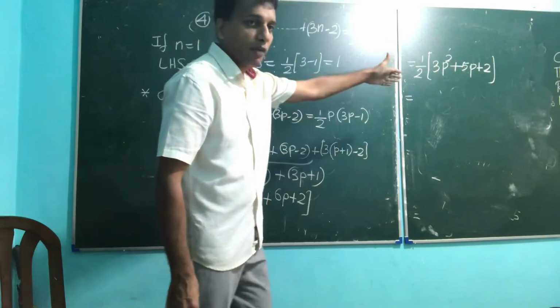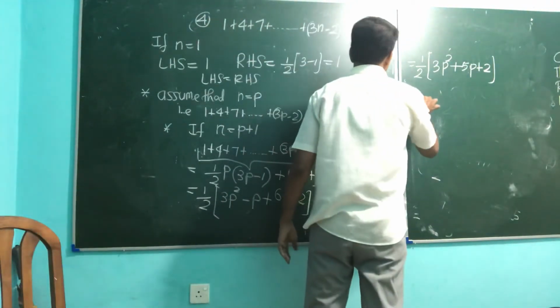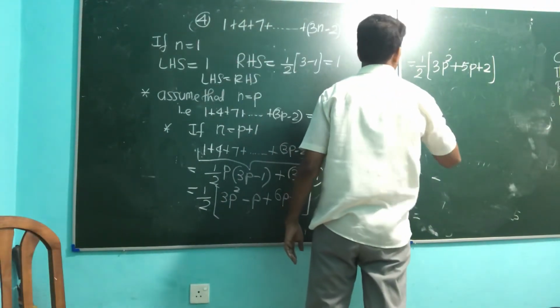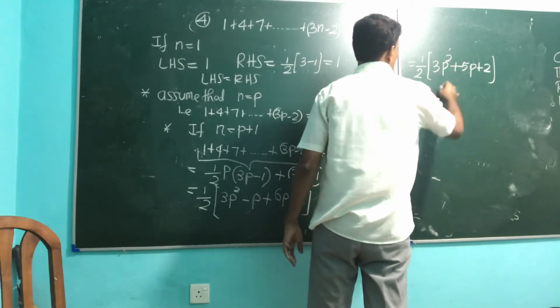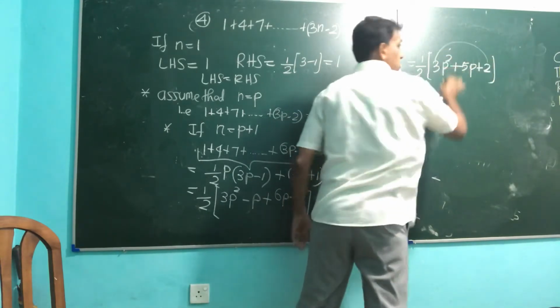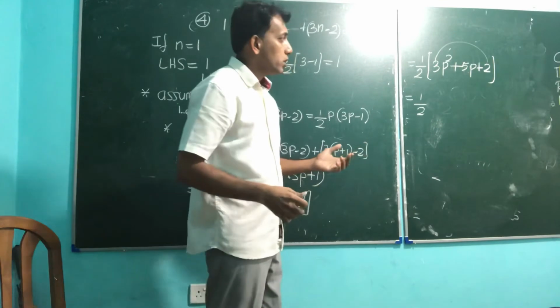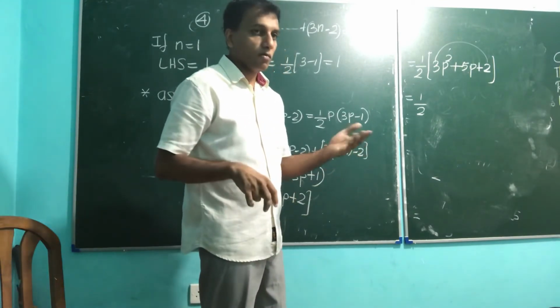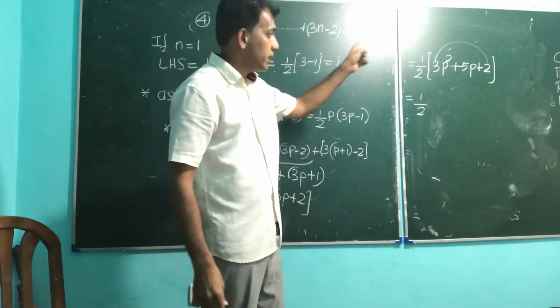Now we can factorize. You can factorize this half into 6 and 5, that means 1 and 5, 2 multiplied by 3 times 2.